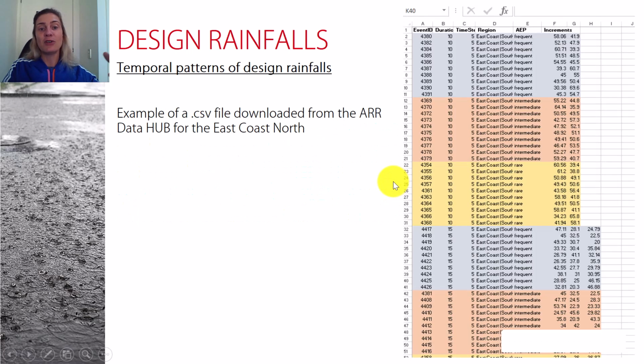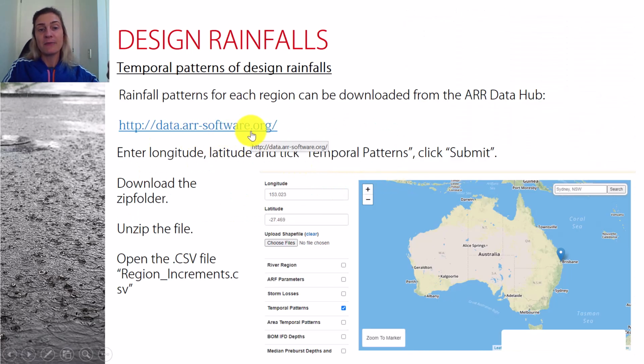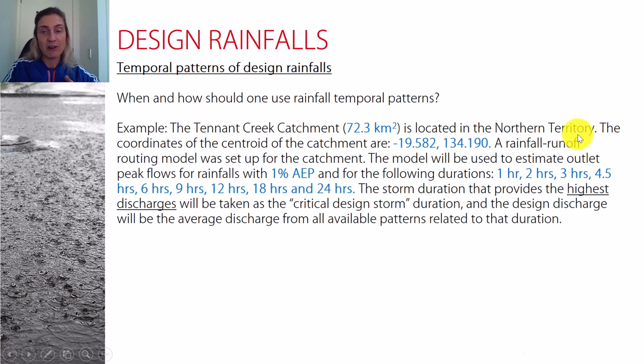So you have to go on the Data Hub, download the temporal patterns for that particular region, which is the Northern Territory. Once you have the 10 patterns for each of these durations, you have 1 hour, 2 hours, 24 hours, each one of these will have 10 patterns. So you run your model for those patterns.